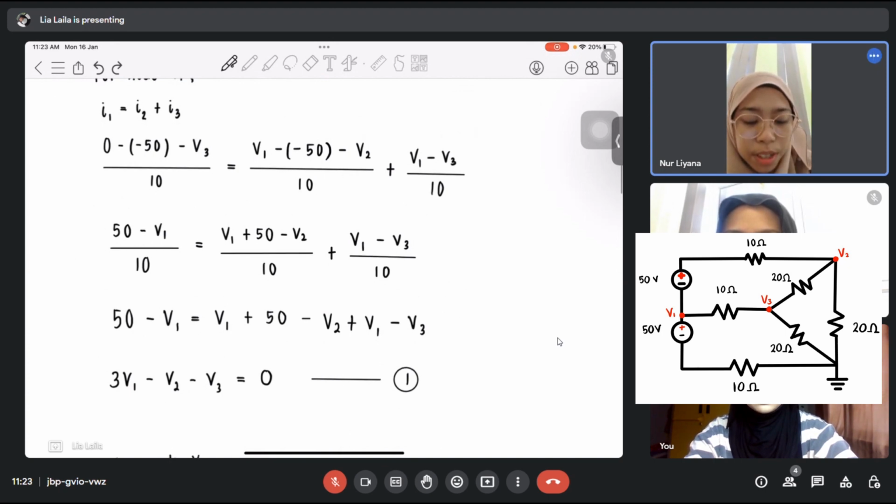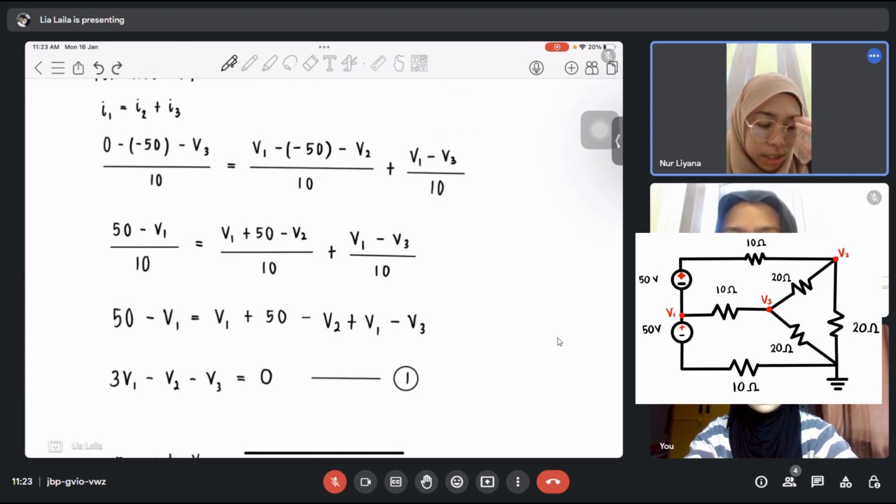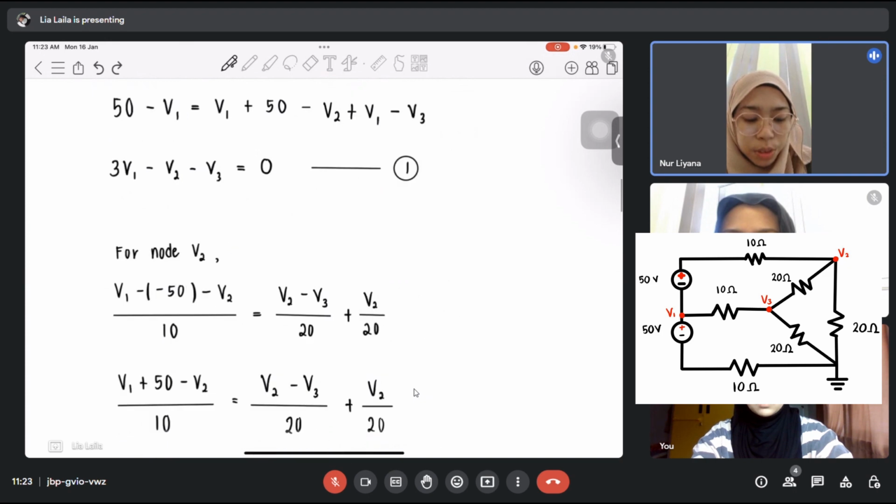So we can get equation 1, 3V1 minus V2 minus V3 equals 0.